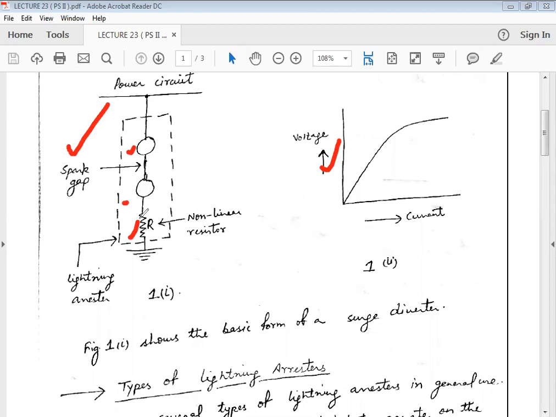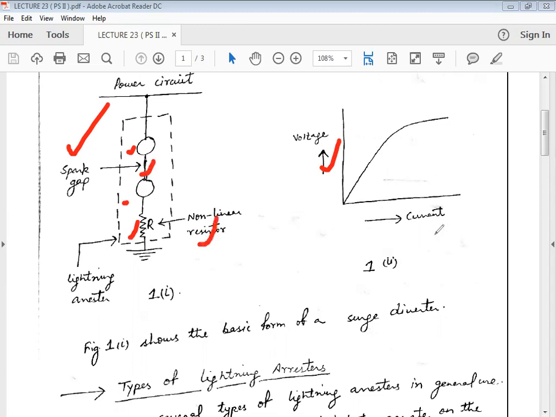During major fault conditions, the resistance is low. During the normal supply frequency, the resistance is very high so that no current flows to the ground. Whenever there is a fault condition due to a lightning stroke, the excessive current starts flowing through these electrodes. Due to that, a spark develops across the two electrodes, the excessive current flows to the ground, and the resistance is minimum during that condition.